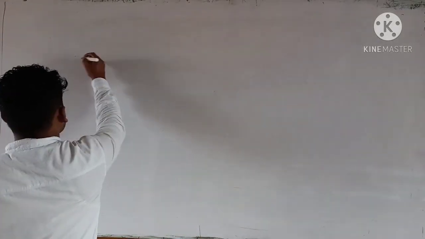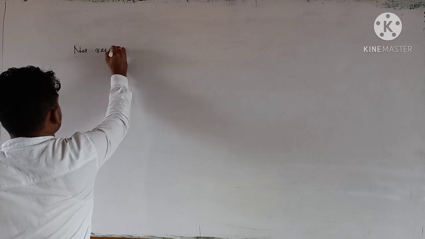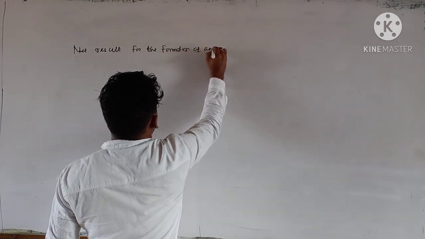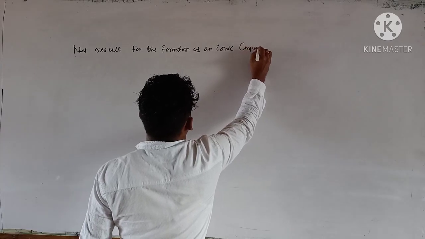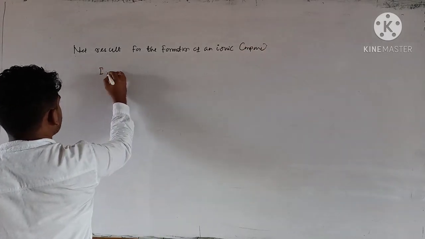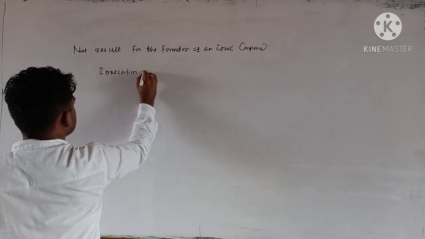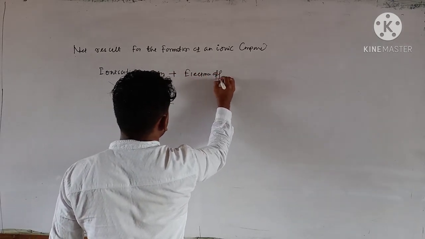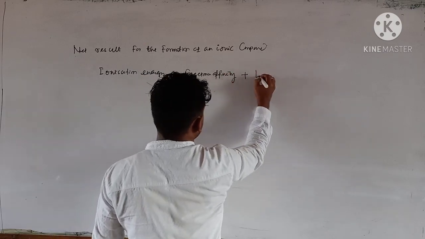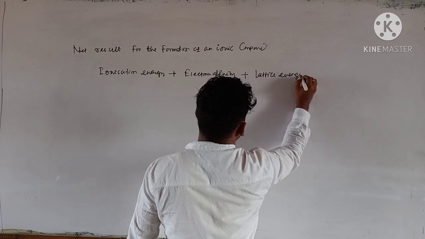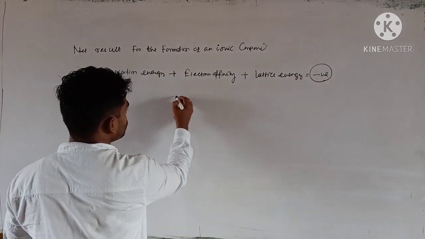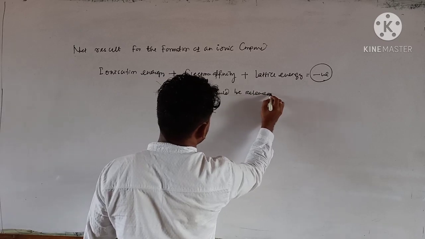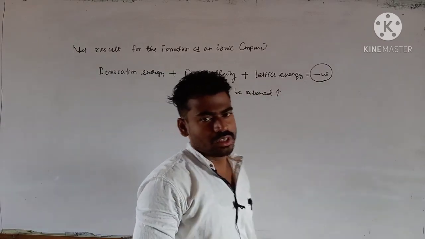So the net result for the formation of an ionic compound: ionization energy plus electron affinity plus lattice energy should be negative, that is, energy should be released. Then the formation of an ionic compound is possible.